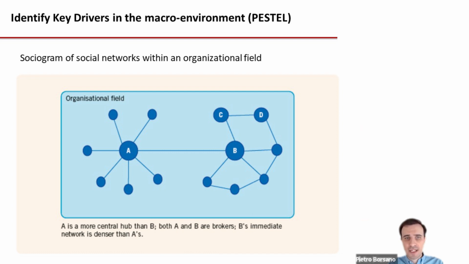So here we are talking about linkages among companies and organizations. What we see here are some examples of the central hub position. Company A is in a central hub position with contribution from many other organizations. We also see that the network of company B is denser. What does denser mean?